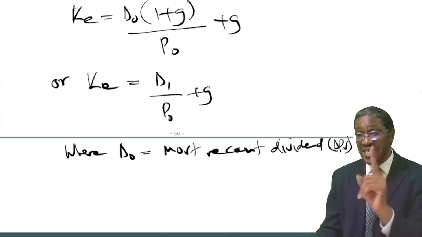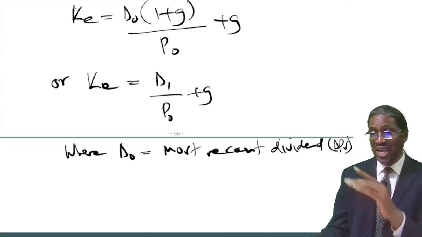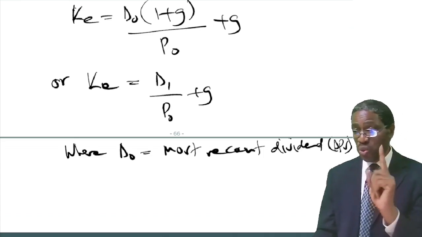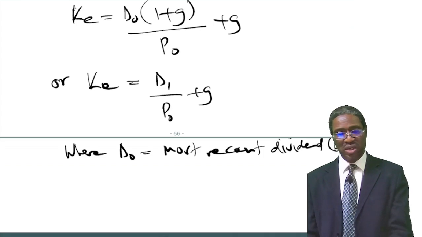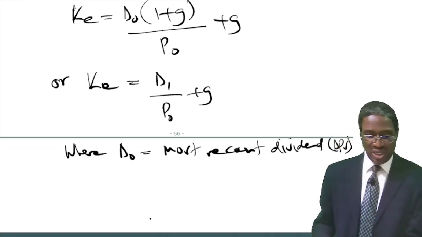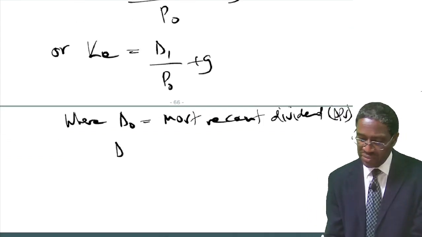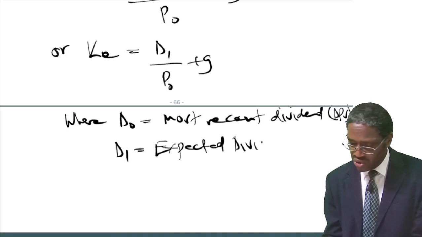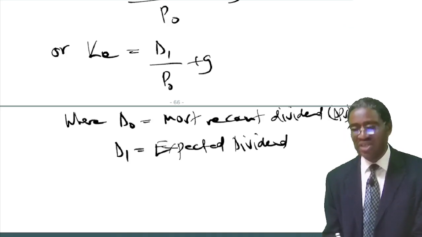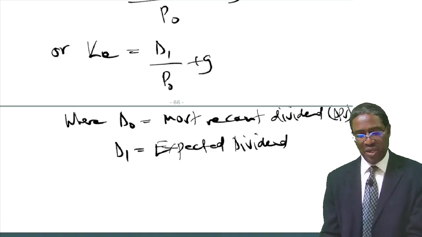The last one that was paid is the one I'm calling D0. Then D1 equals the expected dividend.